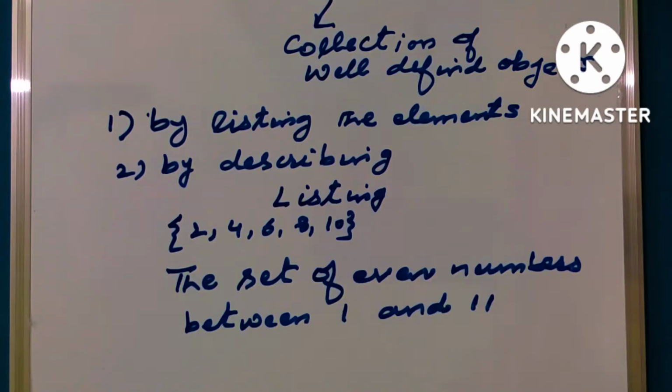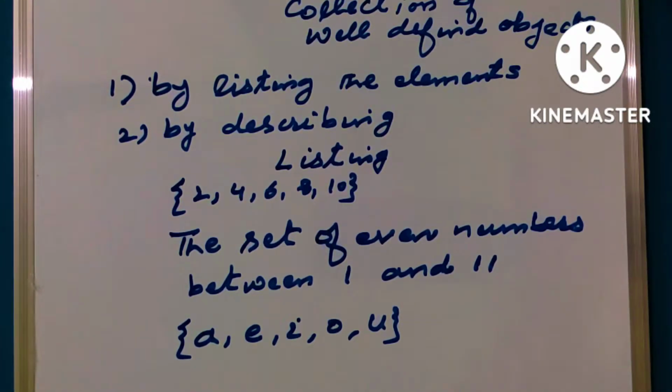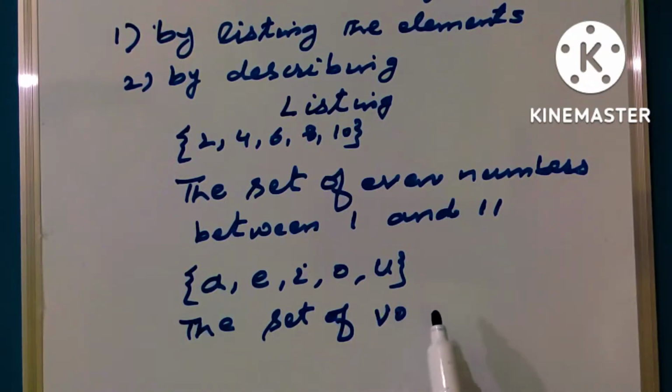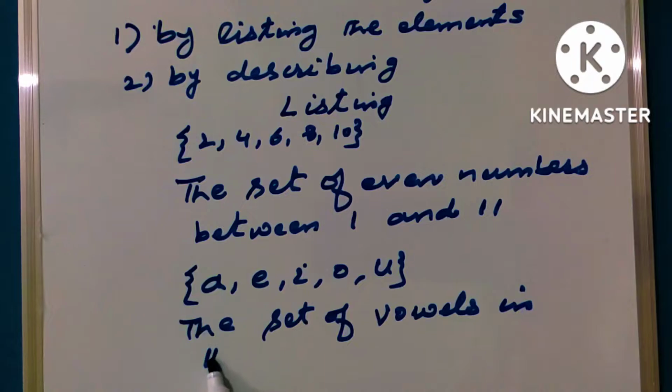Let us take one more example. A, E, I, O, U. So I have listed first vowels, 1, 2, 3, 4, 5 vowels. अगर आप इसको डिस्क्रिप्शन फॉर्म में लिखेंगे तो लिखेंगे the set of vowels in the alphabet.